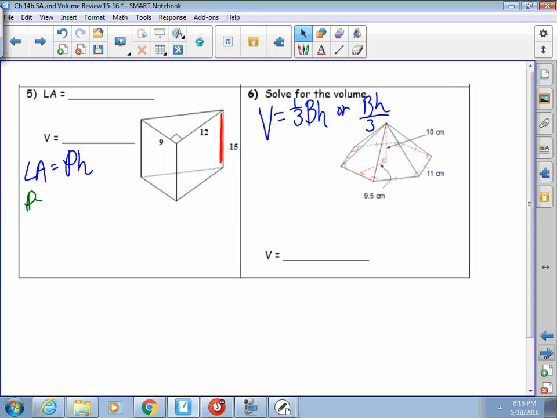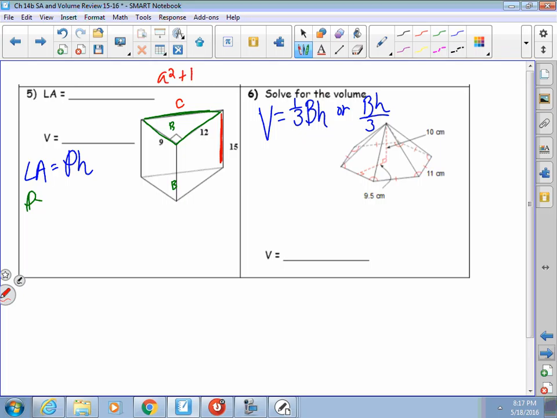Then, depending on what class, we kind of talked about this one as well. Lateral area is perimeter of the base times the height. Again, our bases are the two triangles, the two congruent shapes. Perimeter would be 9 plus 12 plus this hypotenuse side. To get to that missing side, this side is our C. That's when we did the Pythagorean theorem: a squared plus b squared equals c squared.